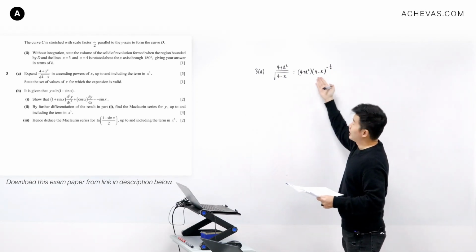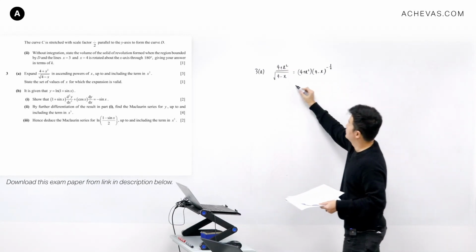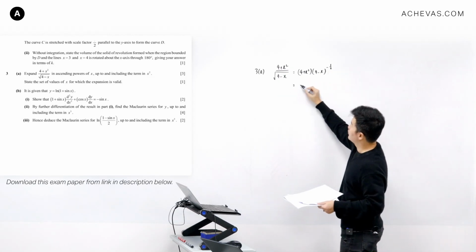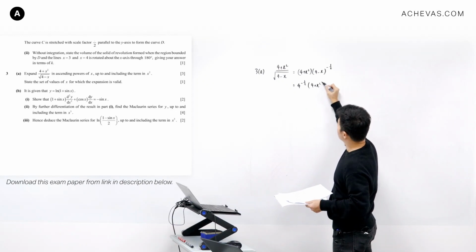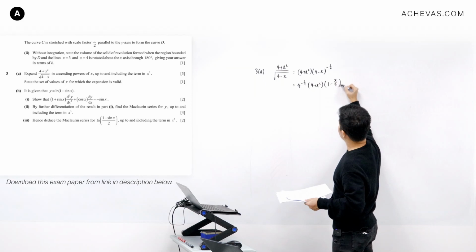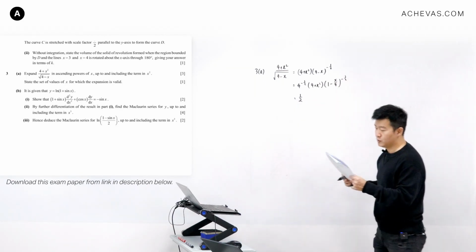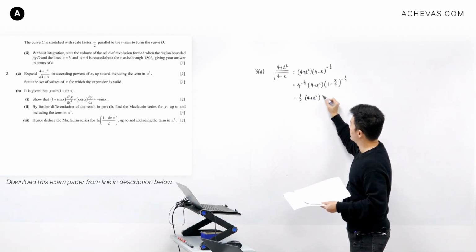So I'm going to carry out a binomial expansion, specifically the Maclaurin's version of the binomial expansion here. So I need the first term to be 1. Let's factorize out 4, so it will be 4 to the power of minus half, then 4 plus x squared. This will be 1 minus x over 4 to the power of this, which is 1 over 2, and we have 4 plus x squared still.